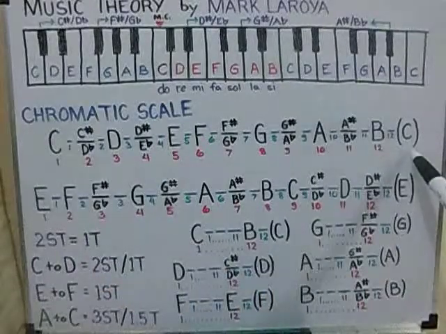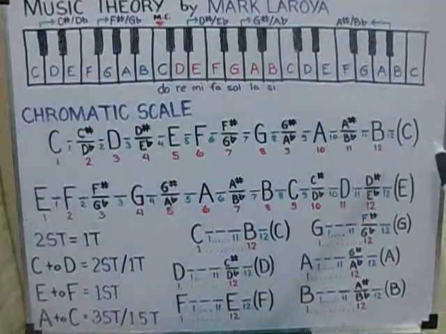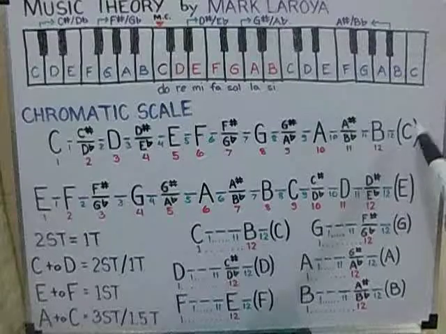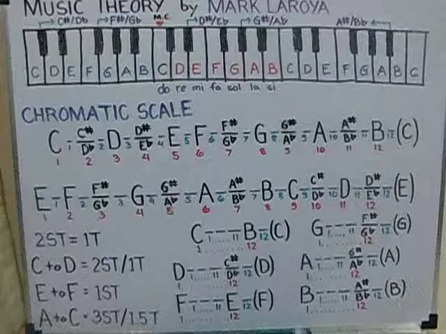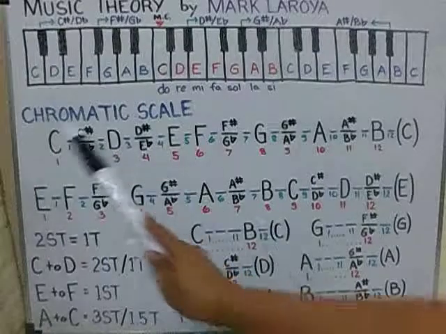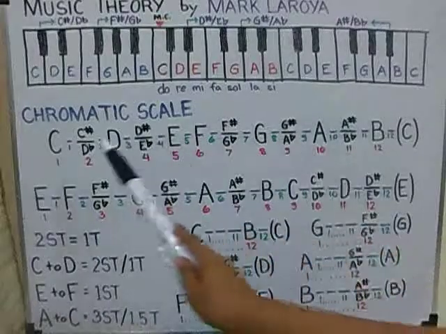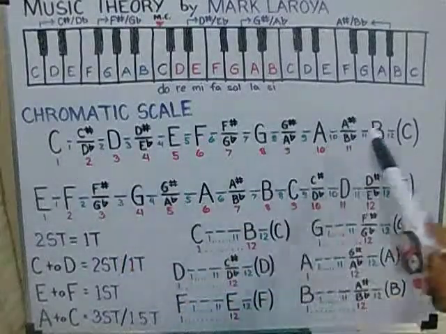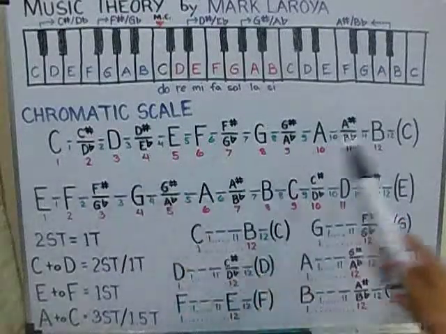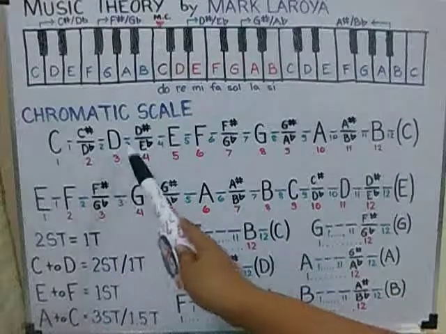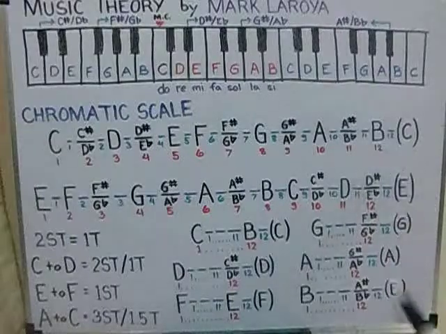The 13th note will be just the same as the first one. However, this C here is the higher C and this is the lower C. We also said that in a chromatic scale, from note 1 to note 13, we should have 12 semitones or 12 steps. So we have here 1, 2, 3, 4, 5, 6, 7, 8, 9, 10, 11, 12.